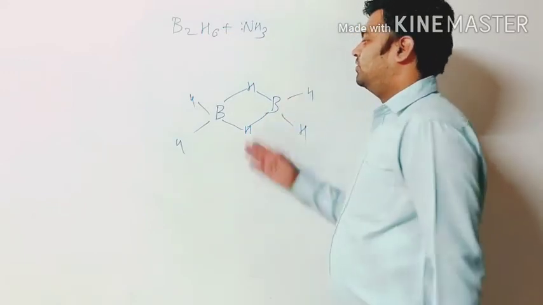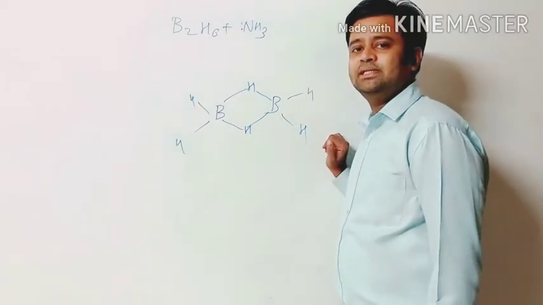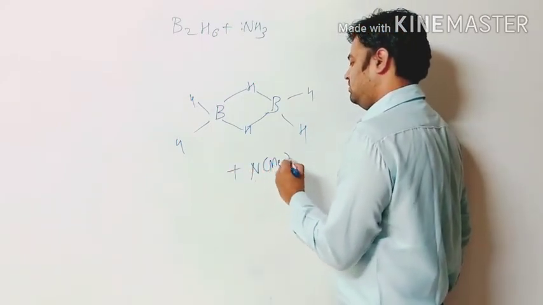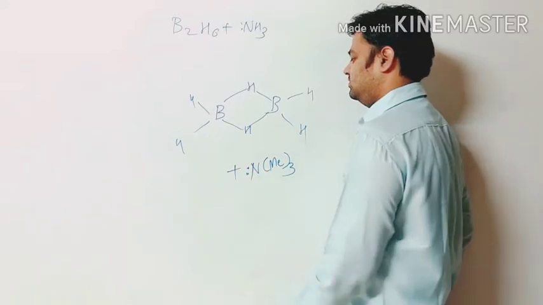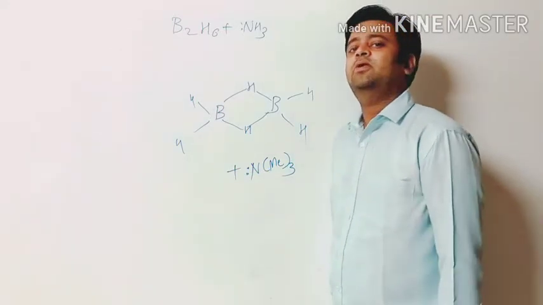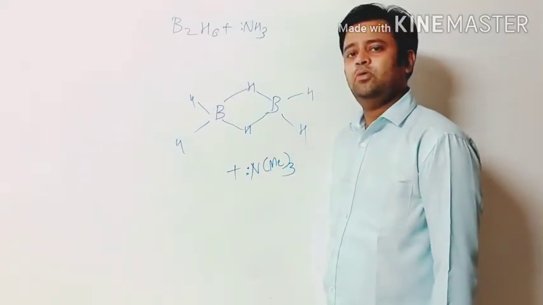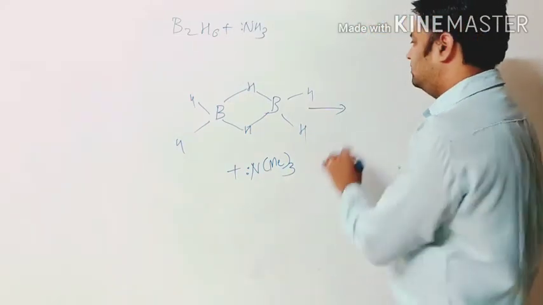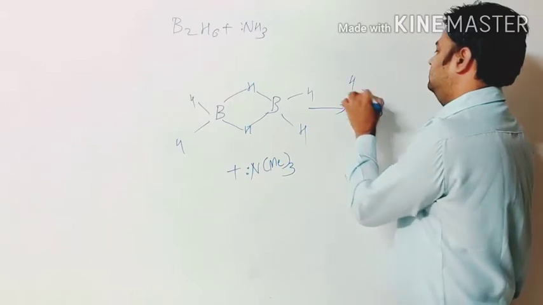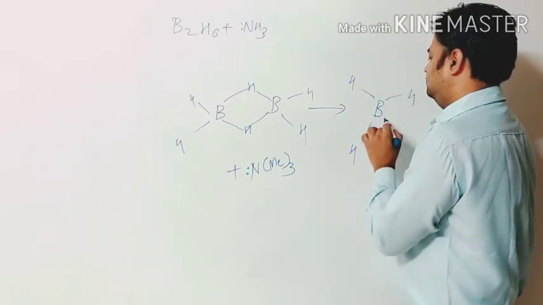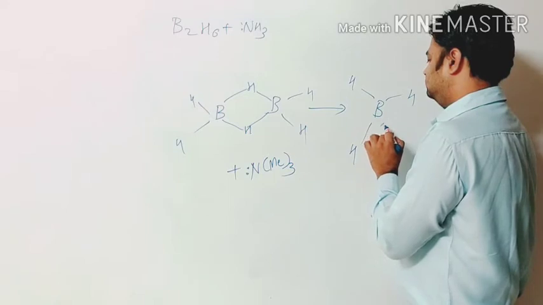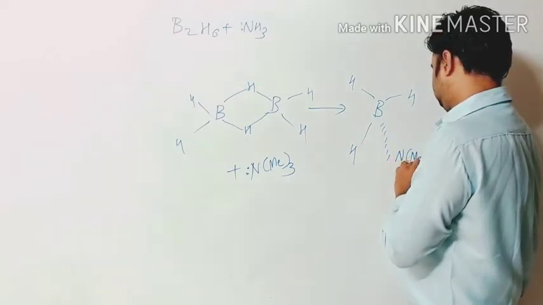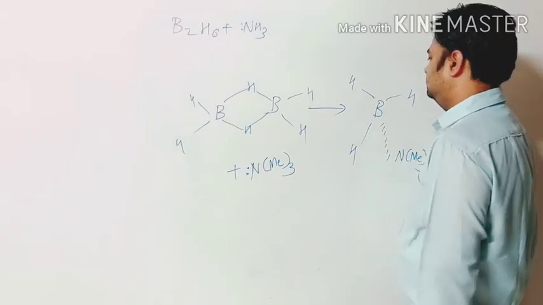This is the structure of B2H6 in the presence of an amine base. Nitrogen has a lone pair of electrons. It is going to donate it to the boron. Then it will form this type of compound.